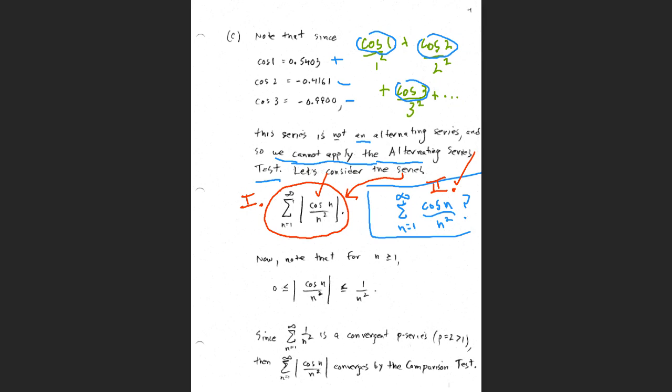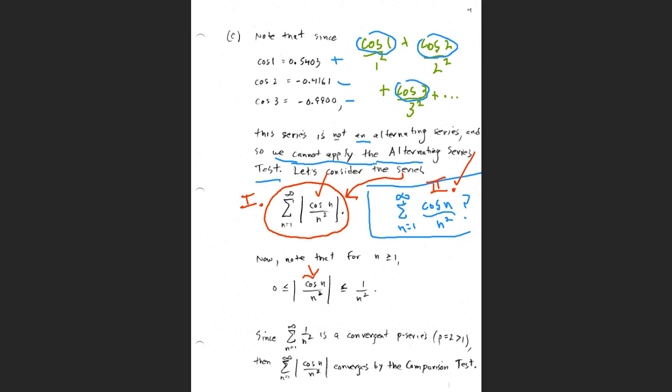So we're using a concept that we call absolute convergence here. We study the series as if all the terms were positive, and if that series converges, then the series without the absolute values on the terms would also have to converge. So this cosine of n over n squared: the absolute value of cosine of n is always less than or equal to 1.